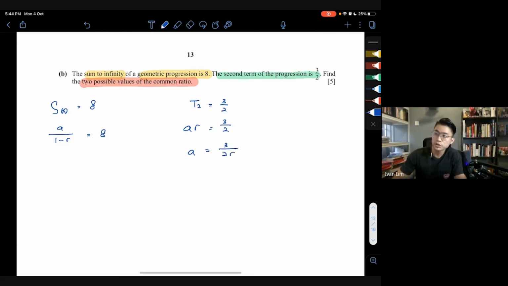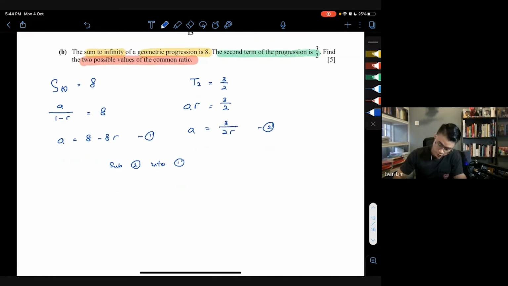Okay, so over here, A equals 8 minus 8R. Equation 1, equation 2, let's just sub 2 into 1 or 1 into 2, it's the same thing. And you'll get 3 over 2R equals 8 minus 8R.